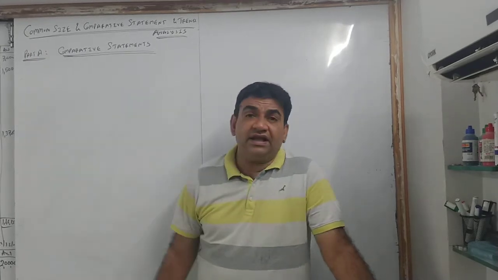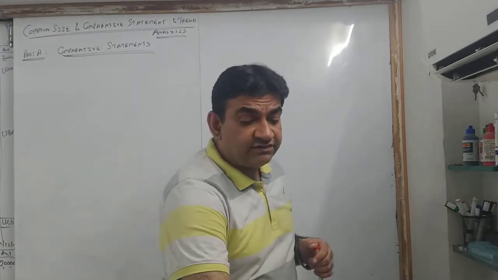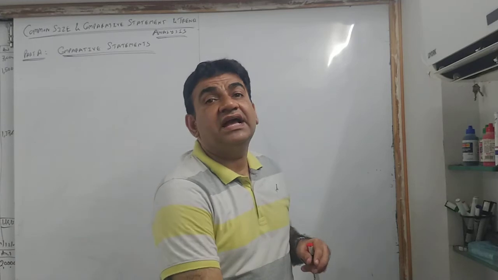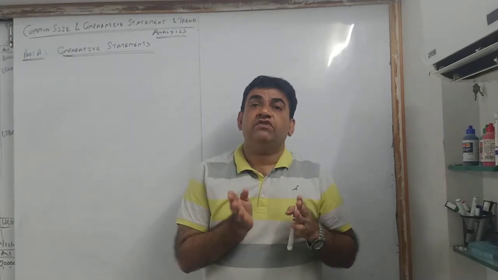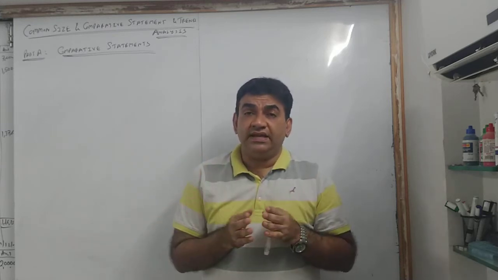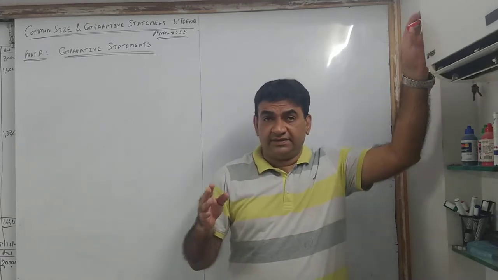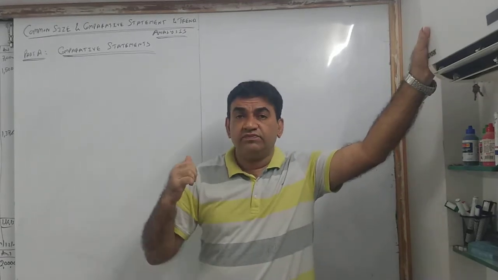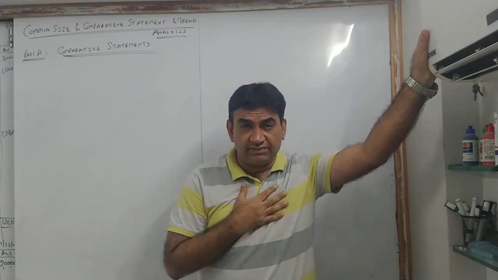Now the first part, comparative statement. As the name suggests, comparative means comparison. You have to compare the performance of one year with another year. They will always in this part give you 2 years' balance sheet or 2 years' income statement.